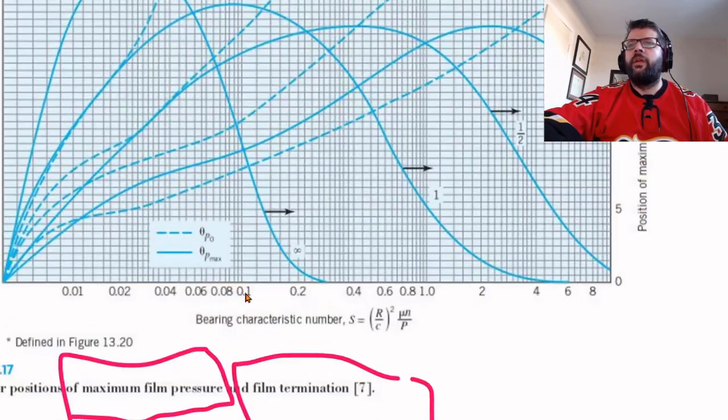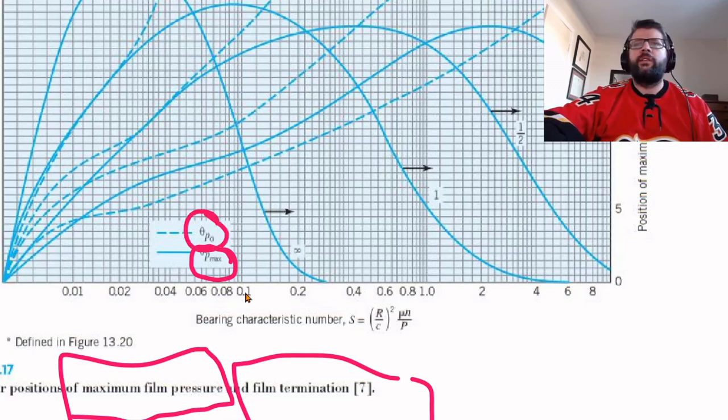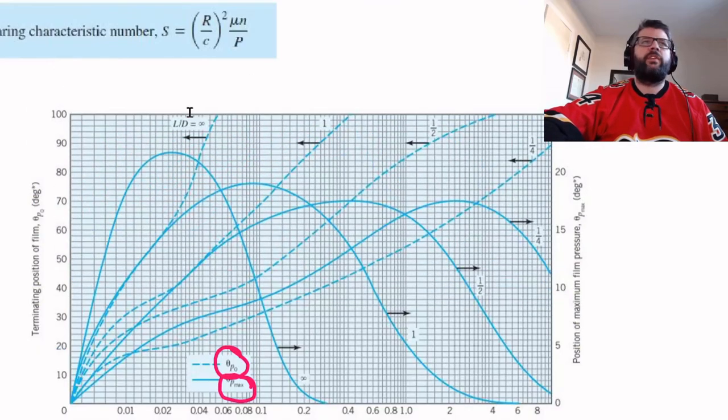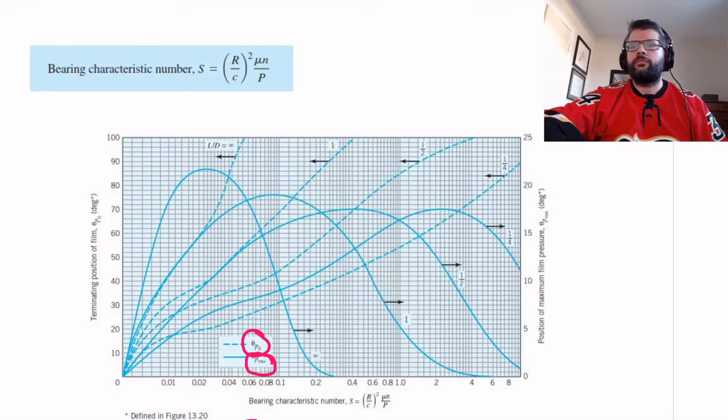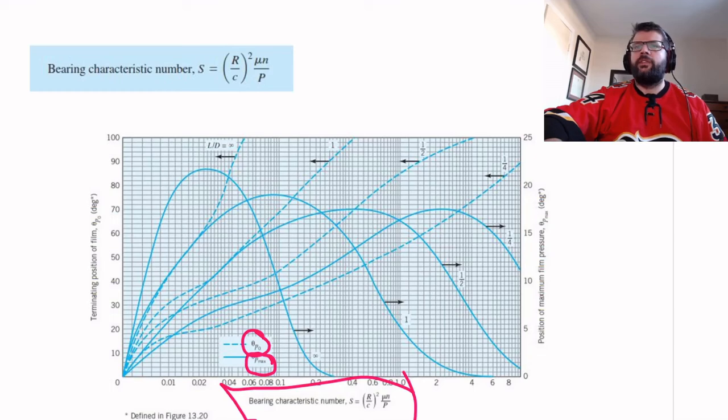The solid line is the line for the position of the maximum film pressure, whereas the dotted line is the film termination position, basically where the pressure drops off to 0. Again, all of that is a function of the bearing characteristic number, and this is given in degrees.